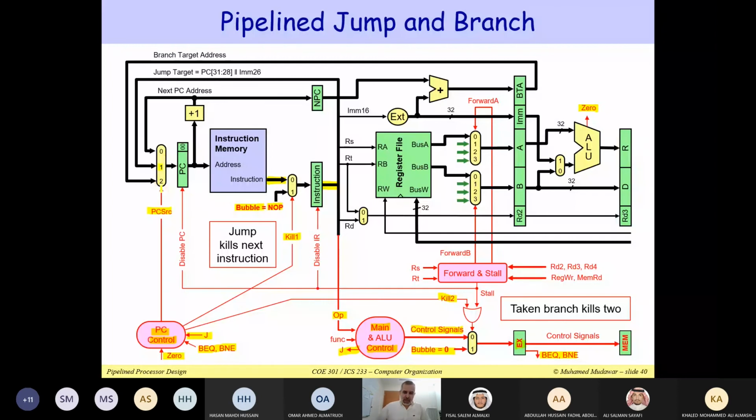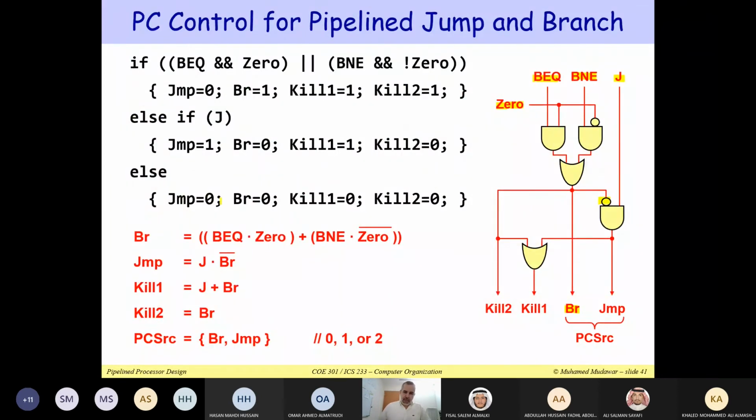Now, if this is a branch, we branch. We say it's 1 here. Now, jump will be equal to 1 if it is a jump and it's not a branch.